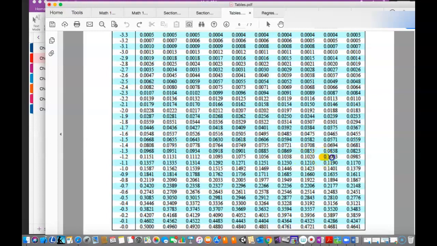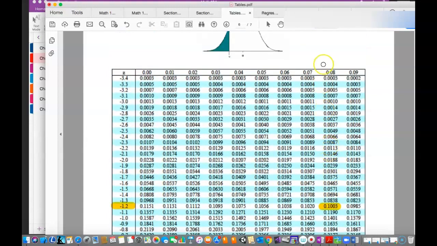Yes, this one is the closest one. For z, going on top we have negative 1.2, plus 0.08, so we have negative 1.28. That is z, and this one was the probability.